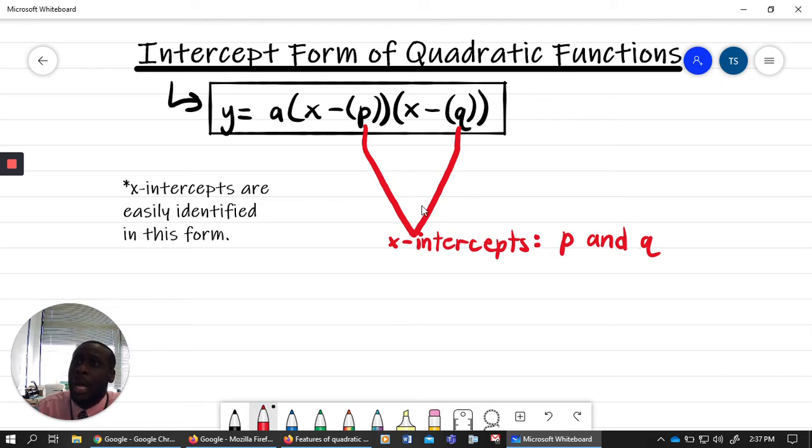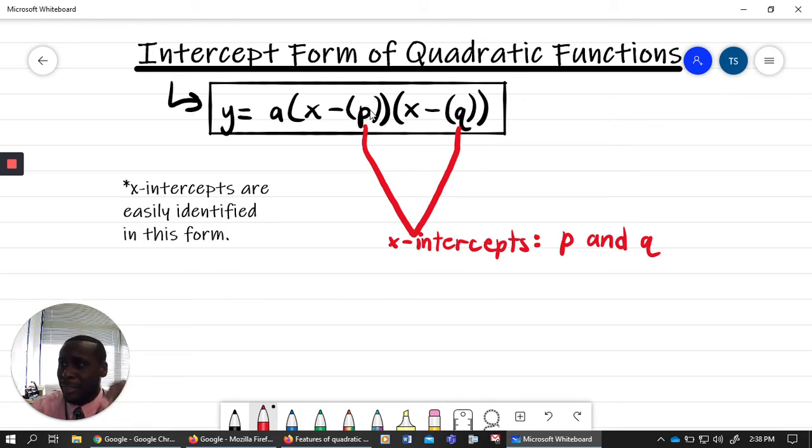The way you would identify the value of p or the value of q, if you had numbers in this intercept form, is similar to the way you would identify the h in the vertex form.